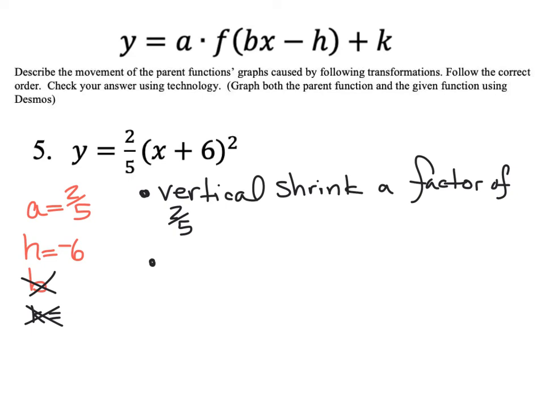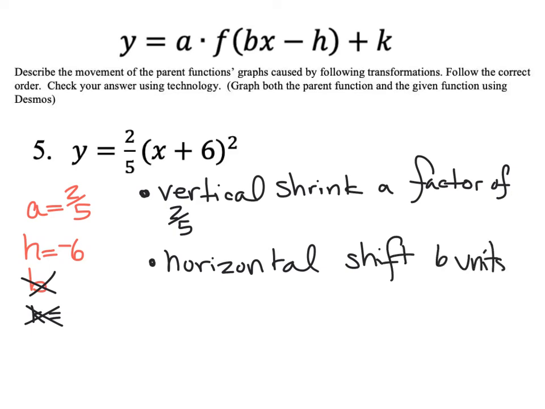It's going to go to the left 6. So a horizontal, it's affecting your x, horizontal shift or translation, shift 6 units, and I gotta say direction as well, 6 units to the left. So you're always stating your magnitude, meaning your size and the direction. Okay, so 6 units to the left.